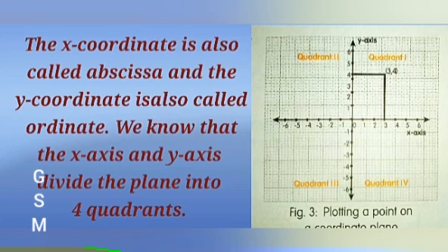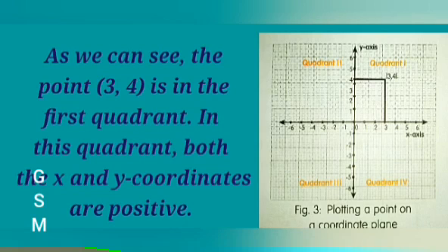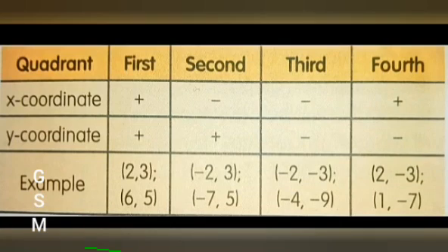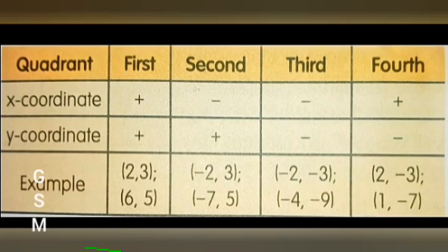We know that the x-axis and y-axis divide the plane into 4 parts called quadrants. As we can see, the point (3, 4) is in the first quadrant. In this quadrant, both the x and the y coordinates are positive. This figure shows the quadrants and the signs of the x and the y coordinate in each quadrant.